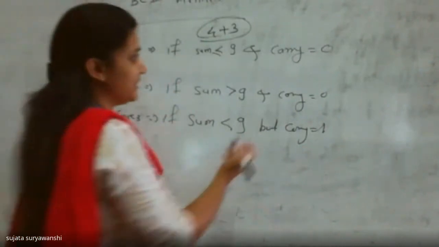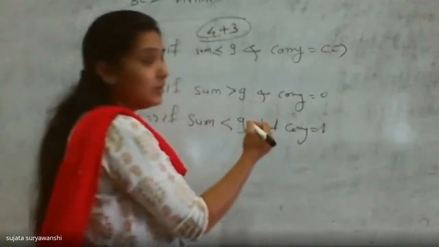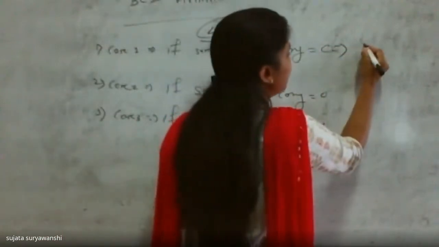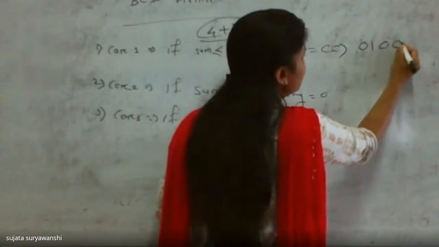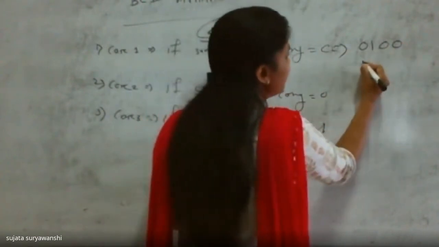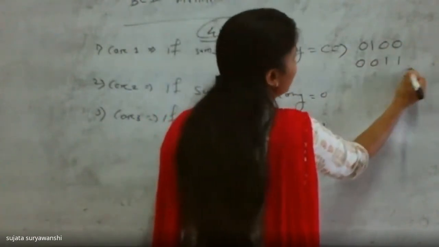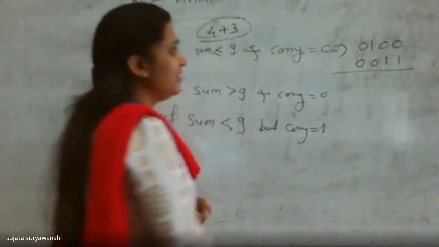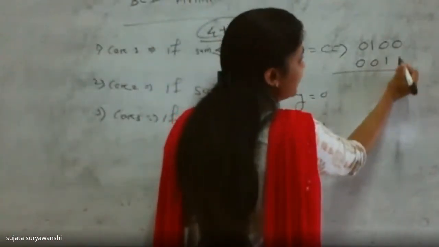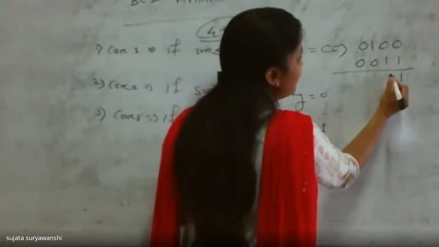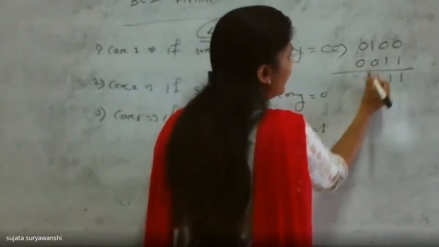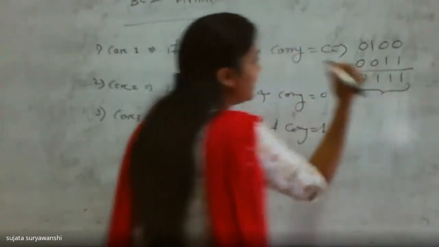Here 4 is represented by 0100 and 3 by 0011. Simply add: 1 plus 0, 1 plus 0, 1 plus 0, 1 and 0. What do you get as a result?